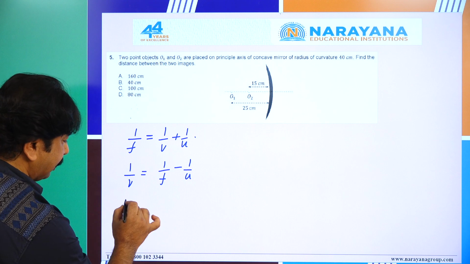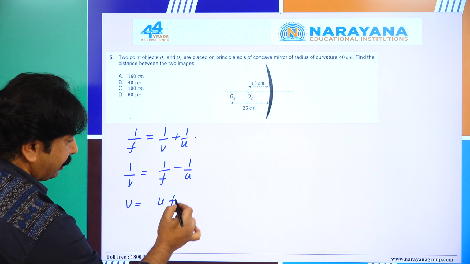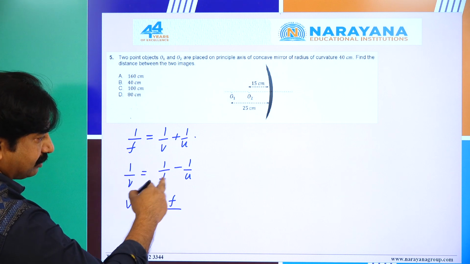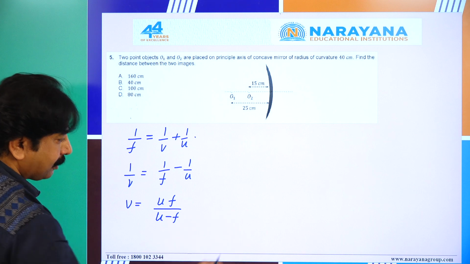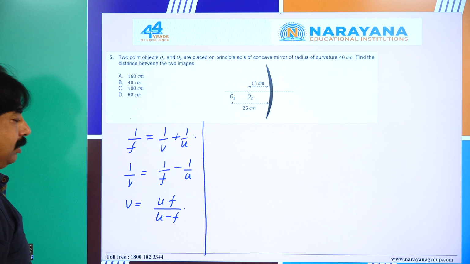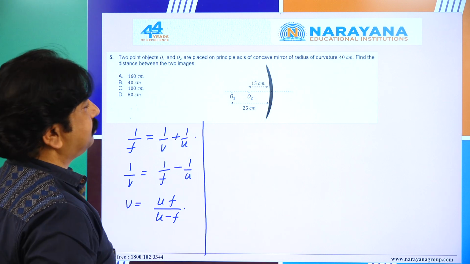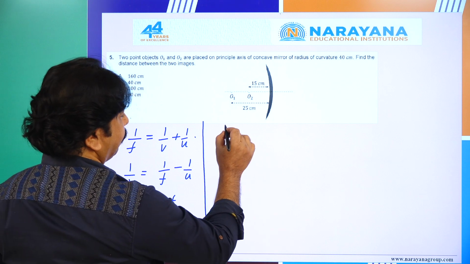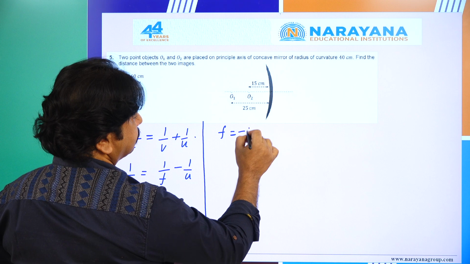Moreover, we can write the formula v is equal to uf by u minus f. Now I want to use this one. But the focal length of the concave mirror, already you know, f is equal to minus r by 2.